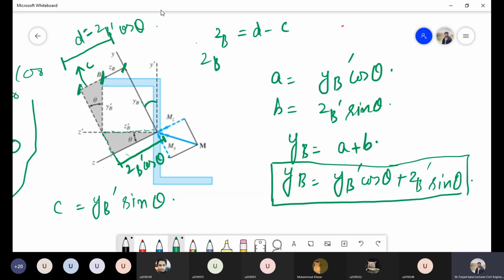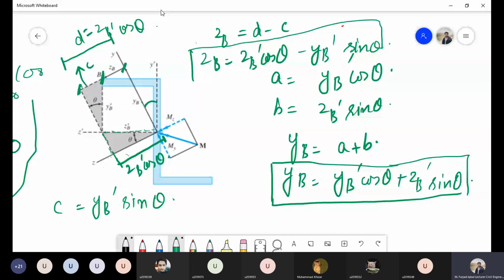So if I substitute these two conversion factors into this equation, I get zb equals zb dash cos of theta minus yb dash sine of theta. Now this is my equation for the calculation of the zb component, or the inclined component. Okay, so you can use this.